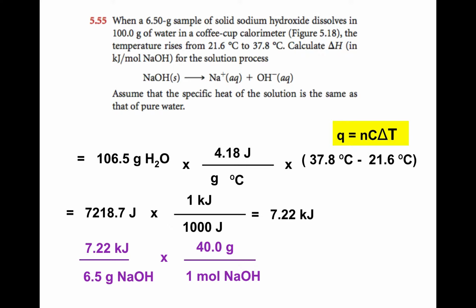We weren't interested in joules per gram, we're interested in joules per mole, right? So put grams up the numerator, moles down the denominator. When I multiply across, grams cancels, and I end up with what the delta H is for the dissolving of 1 mole of sodium hydroxide. Again, the negative sign indicates that heat is leaving the system, the dissolving process.